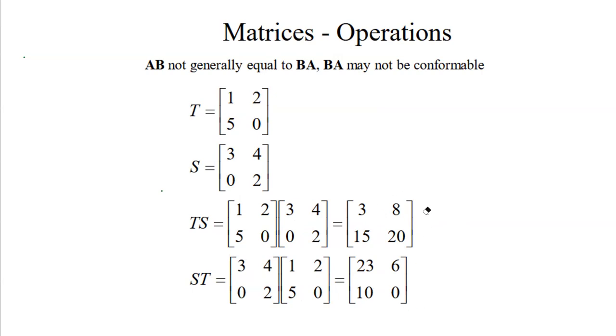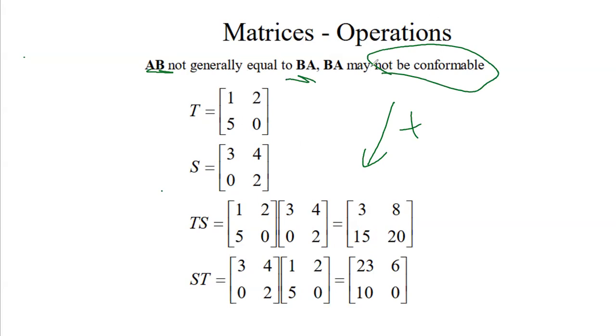However, it's not that they are not conformable up here. Look here. This is not illustrating that they're not conformable. These are conformable. They're all 2 by 2, right? But this example illustrates that AB and BA are not necessarily the same, right?